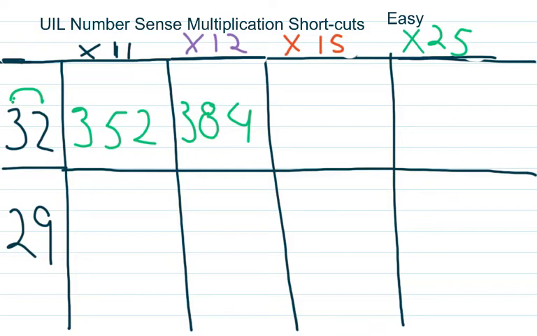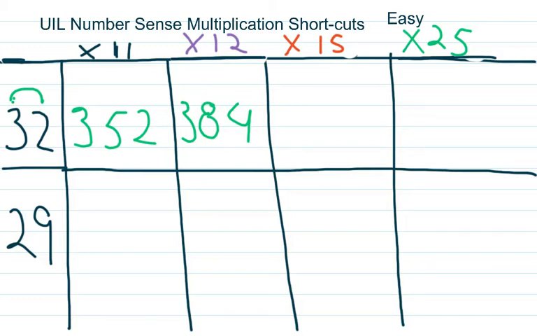Now, 15. Just as we did double and add back for the 12, we can do times 5 and add back for the 32. But if the number you're multiplying by 15 is even, there's an even easier way called double and half.